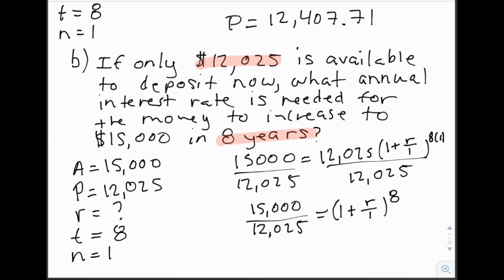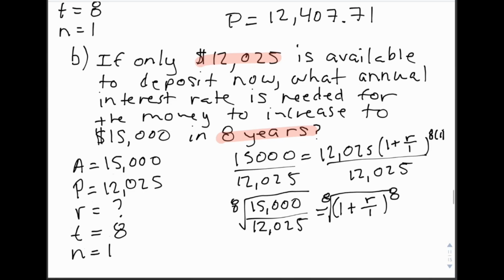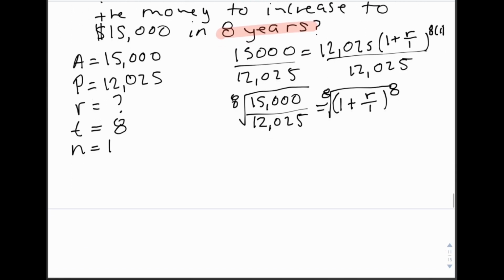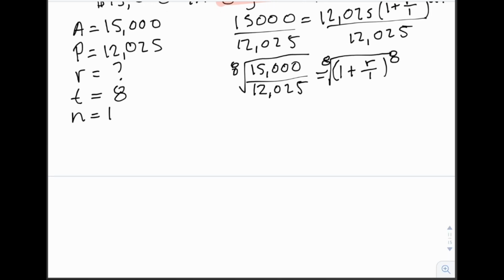In order to get rid of the 8th power, we can take the 8th root of our left-hand side. Taking the 8th root of our left-hand side, we are left with 15,000 divided by 12,025. Another way we can rewrite the 8th root is 1 divided by 8, and that's going to be our power here.